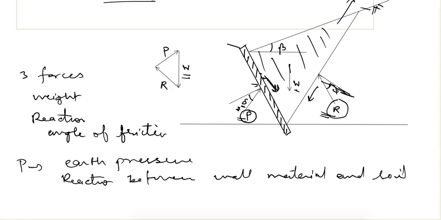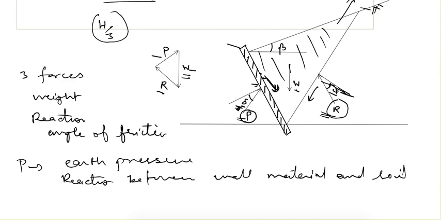So this is a force triangle which will be made. Here we know the value of W and we know its direction obviously, and we know the direction of R because we know the angle of friction, and we know the direction and location of P because we know delta, and we know that P will be acting at h by 3 from the base.